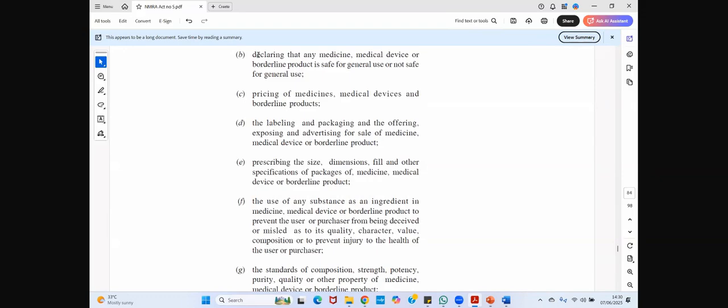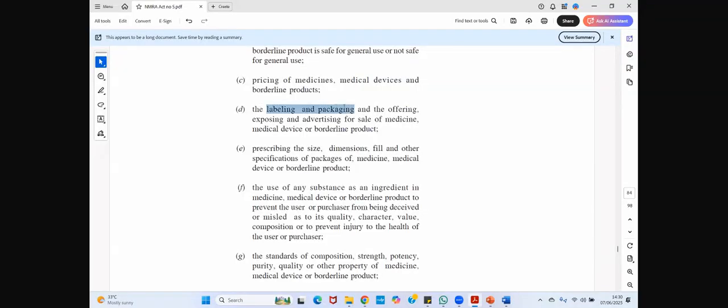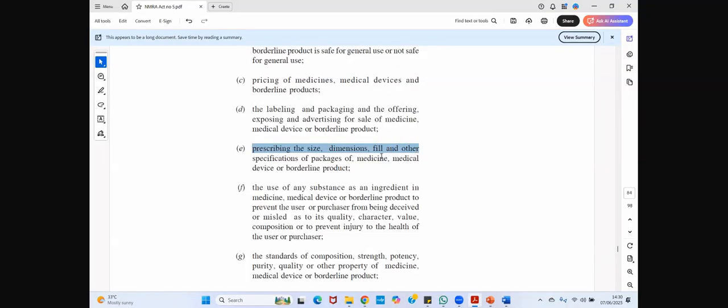Declaring any of these products safe for general use or not safe. Pricing these products, making regulation on labeling and packaging and offering, exposing and advertising, prescribing the size, dimension, pill, and other specification of packaging, right?